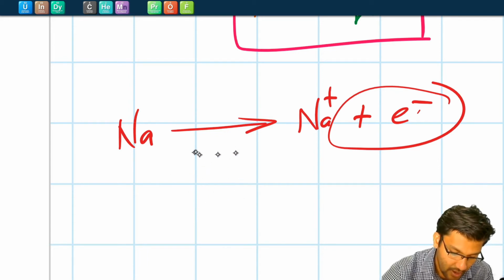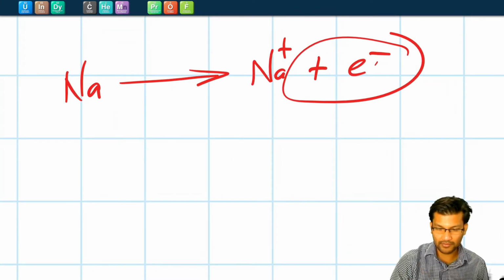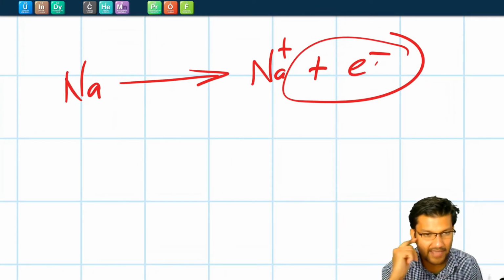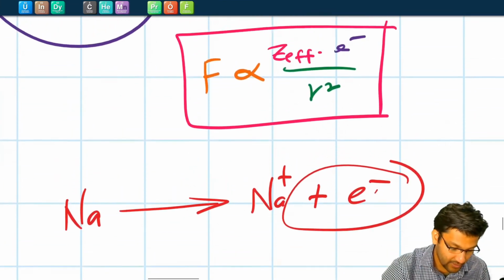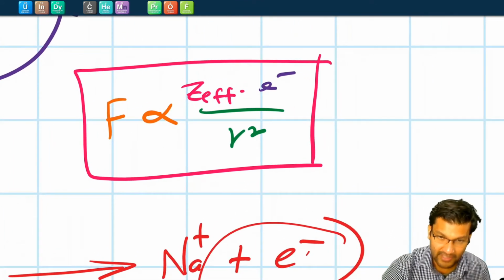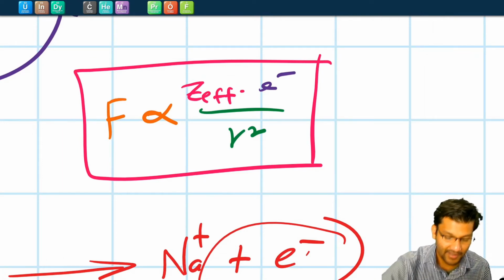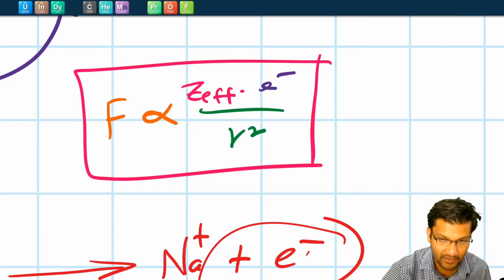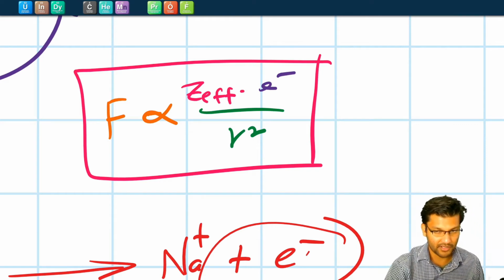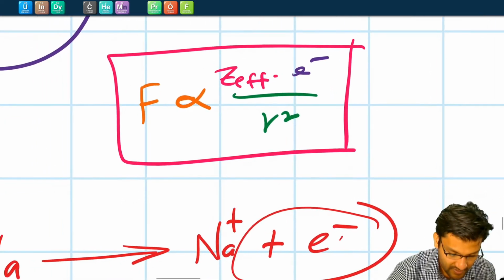Okay, so how can we understand the first ionization energy? Well, it's the energy it takes to rip an electron away. And so you might think, well, the weaker this force is, the easier it is to rip an electron away, right? And we just talked about how as we go across the period, Z effective goes up, and so the force becomes larger as we go across the period, so it becomes harder and harder to rip an electron away from the atom.